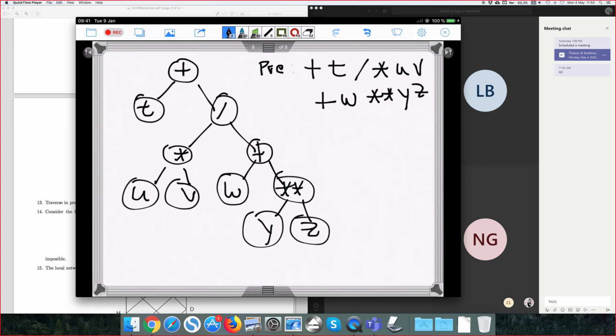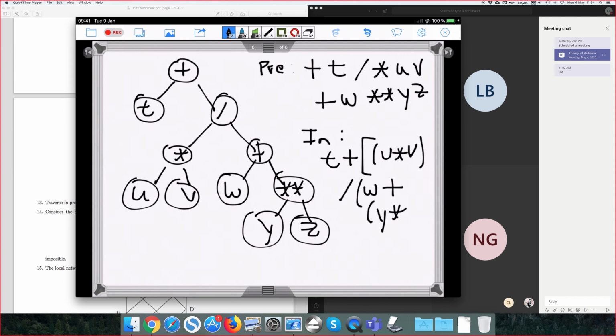Then the in-order: t plus, and then let me write brackets here, then u times v, then the division here, then w plus y to the power z, and let me close the bracket here.